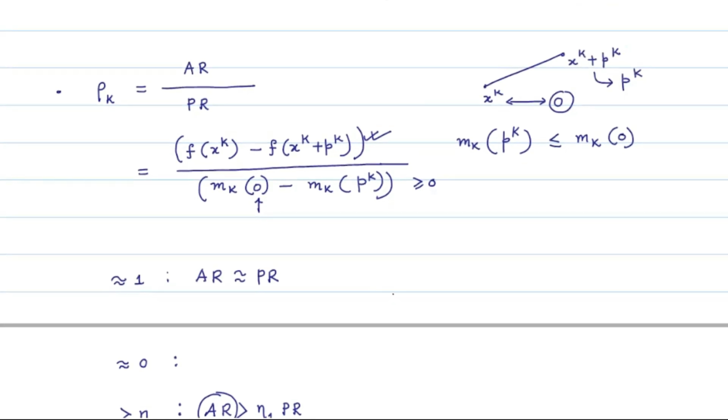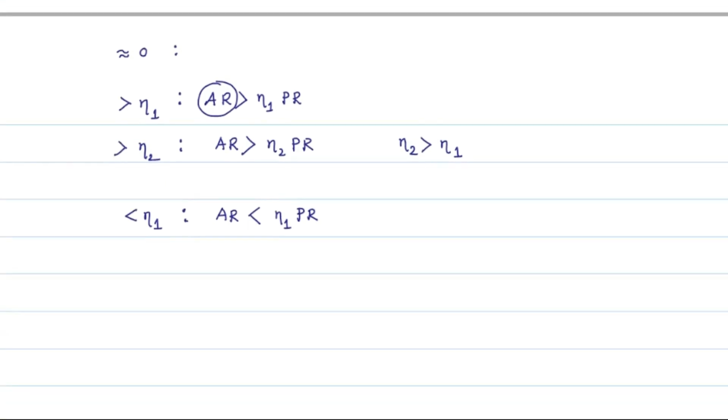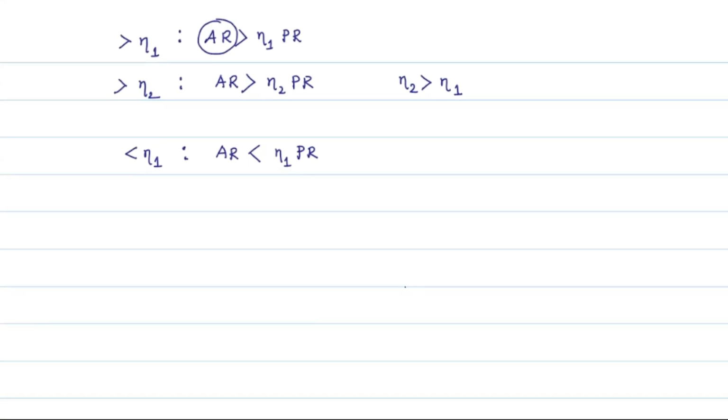When we are happy with the model function mk, that means when the ratio ρk is greater than the happy threshold, then mk is acting as a good model inside this trust region. So we can think of using the same model function even for a bigger region, and we may expect that in a bigger region the model can also act as a good approximation.